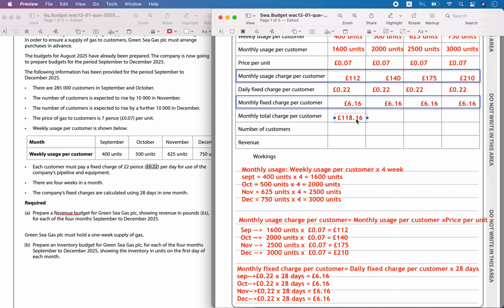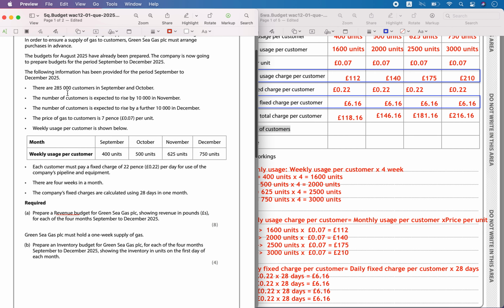Now the total monthly charge for October: 140 plus 6.16 pounds is 146.16 pounds. For November, 175 plus 6.16 is equal to 181.16 pounds. And for December, it is 210 plus 6.16, which is 216.16 pounds.